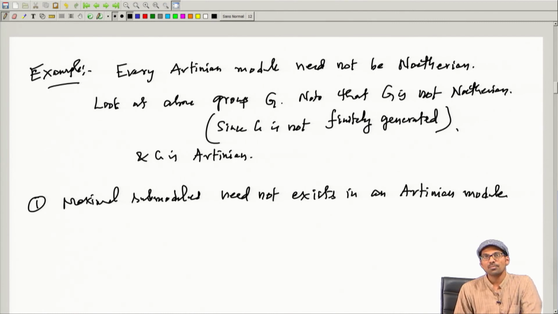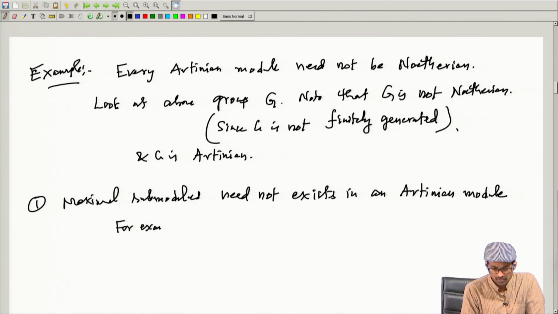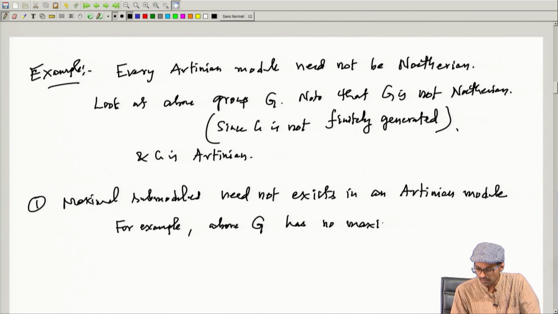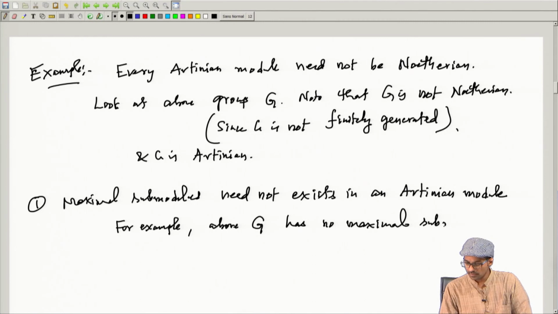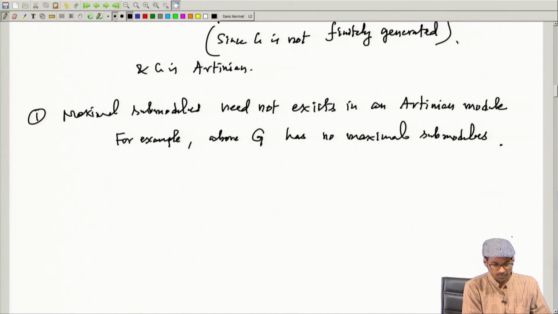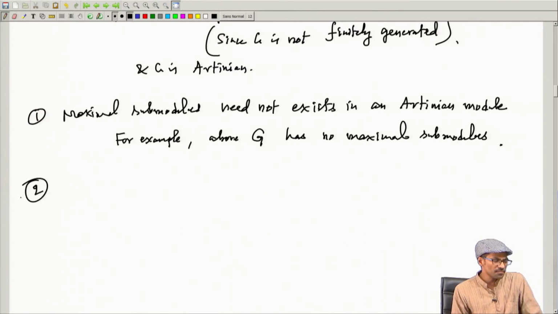For example, the above G is Artinian, but G has no maximal submodules. This is one example.